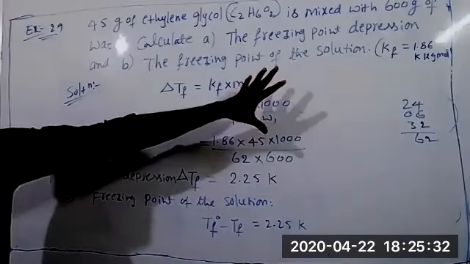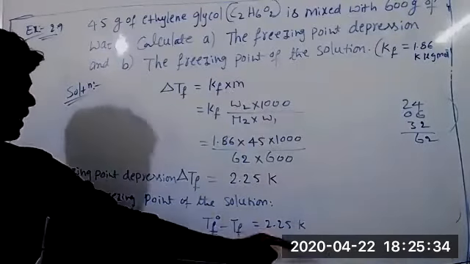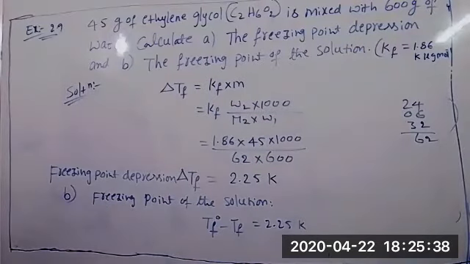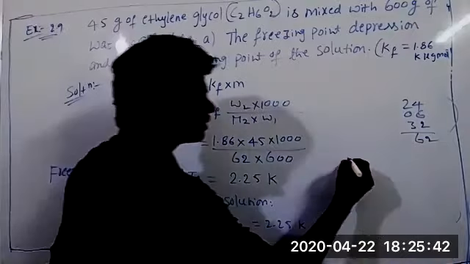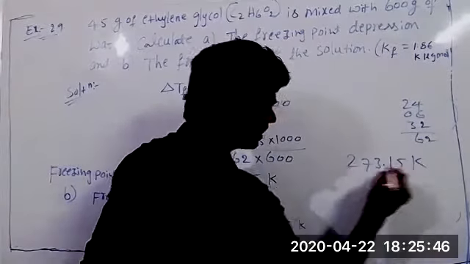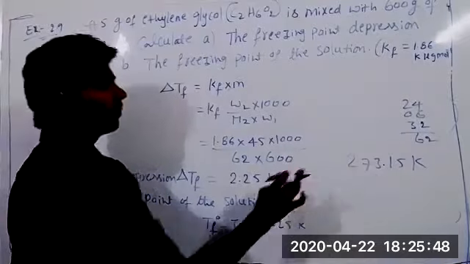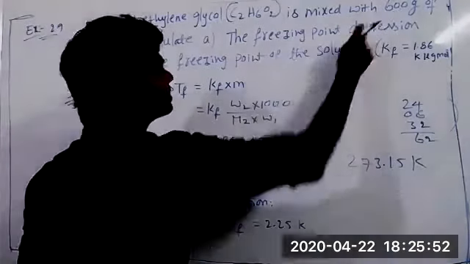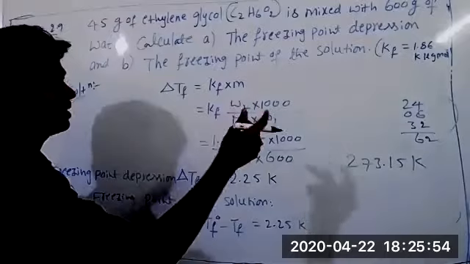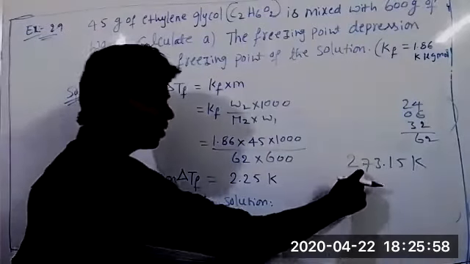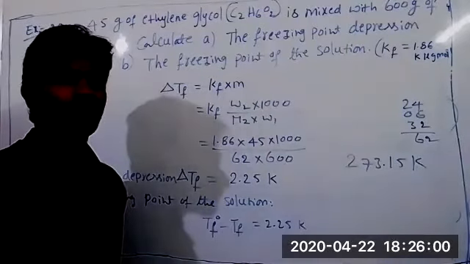Generally, the water freezing point is 0 degrees centigrade or 273.15 Kelvin, the freezing point of pure water. But you prepared a solution, 45 grams of ethylene glycol dissolved in 600 grams of water. So what is the solution freezing point? That must be lower than 273.15.